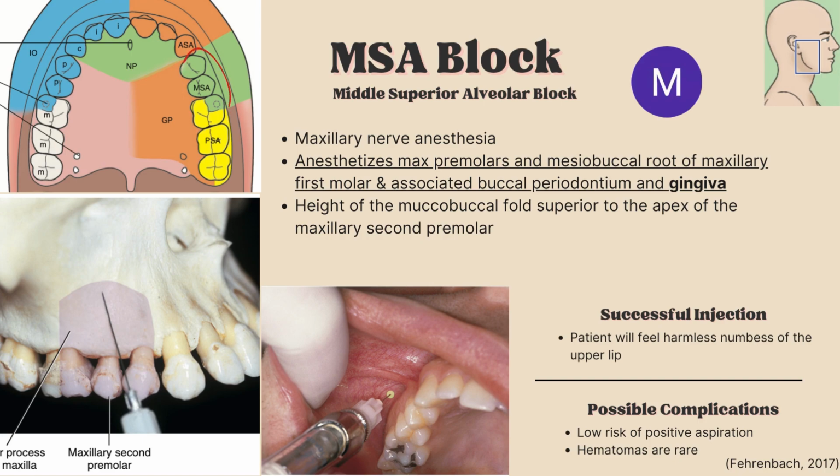So it is useful to use other areas of the oral cavity to anesthetize this area, such as the greater palatine injection. A successful injection indicates that the patient will feel a harmless numbness of the upper lip, and possible complications are low risk of positive aspirations and hematomas, but they're extremely rare.